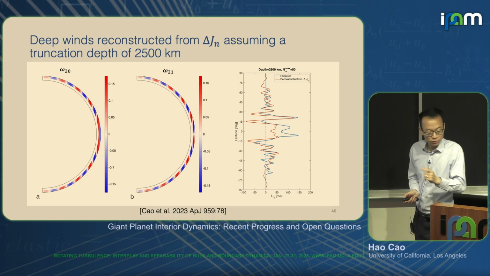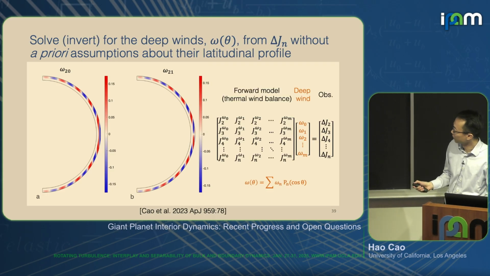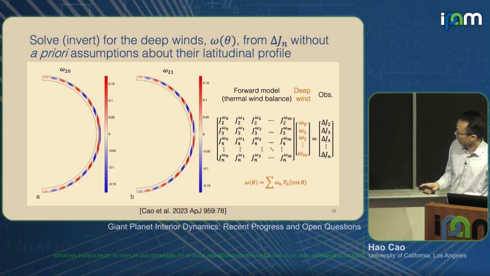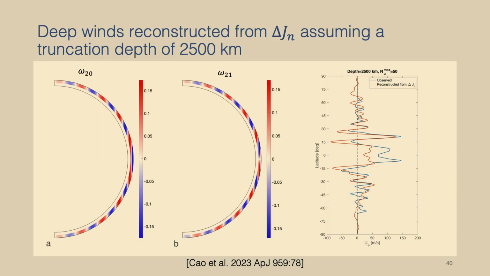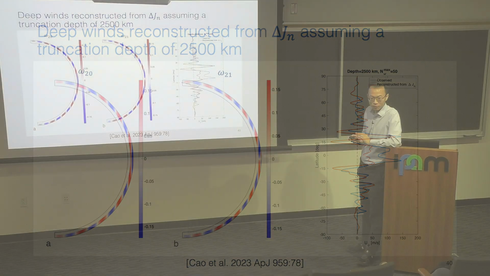The background density gives you the left-hand side, then you give the measured JNs, you do an inversion, and this is the red line. It doesn't know anything about the surface winds, and yet they pretty much fall on top of each other in most of the places of interest, which I find quite interesting.